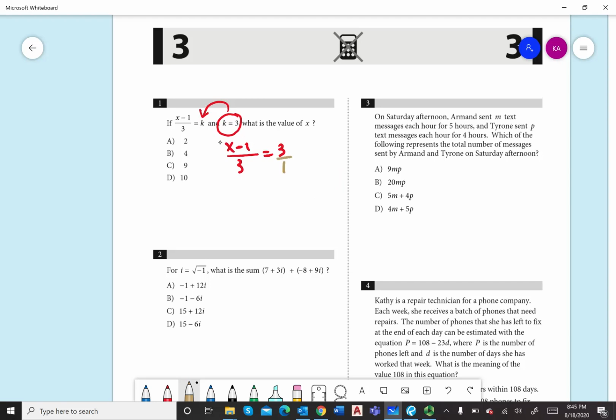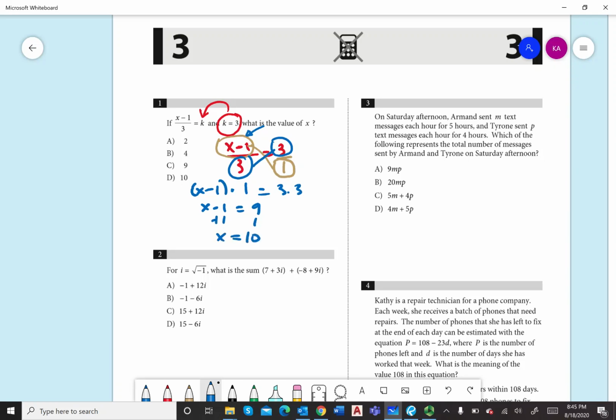Now we multiply this with that, and this has to go with that in the form of a cross. Because there's more than one item in there, I'm going to put it in parentheses, and then multiply it by 1 and it will be 3 times 3. So that gives me x minus 1 is equal to 9. I add 1 on both sides, then I get 10.